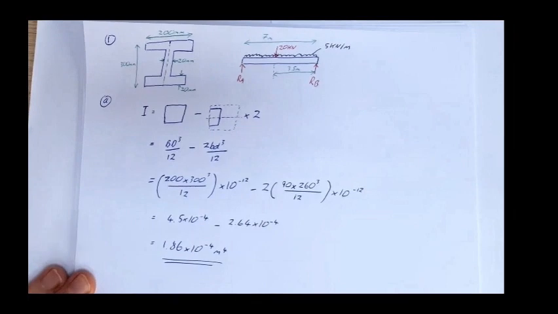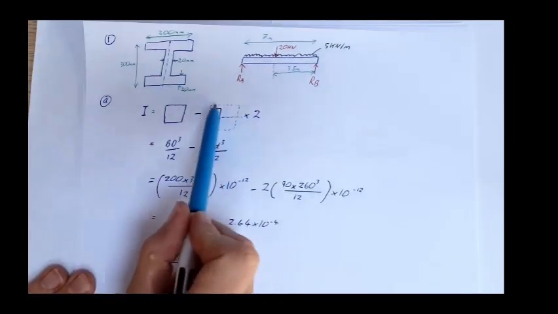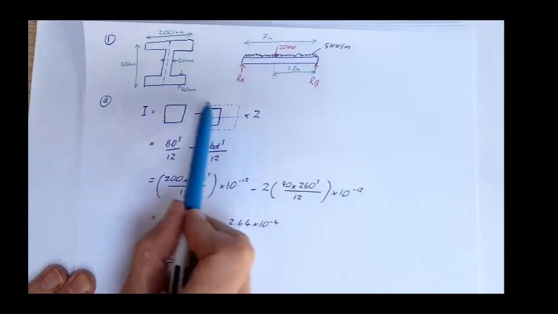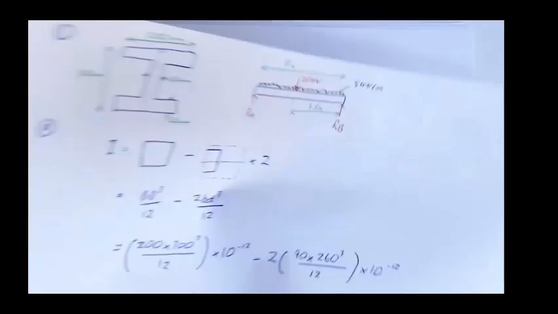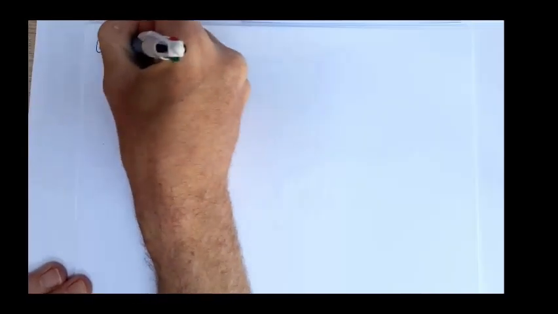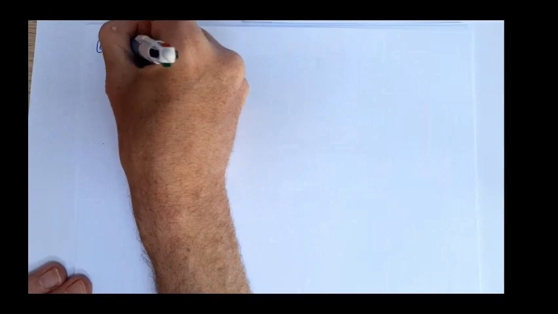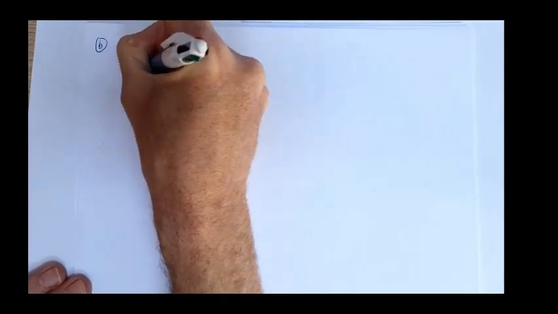So part B says calculate the second moment of area of the same section, but this time rather than using the principle of superposition, we're going to use the parallel axis theorem. So let's have a look at that. Let's calculate the second moment of area of that section. We can consider this I-beam being made up of 3 rectangles.